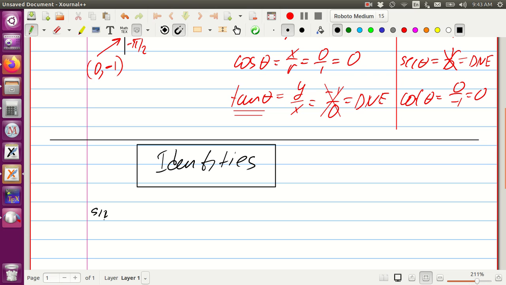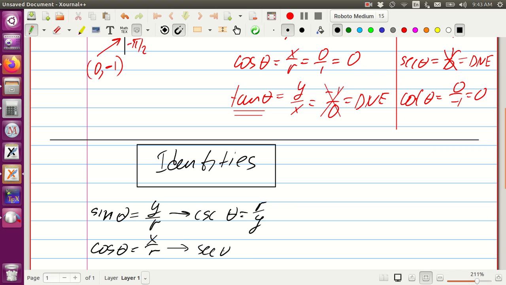If you write sine of theta to be y over r, and you write cosecant of theta to be r over y, you can clearly see that they're reciprocals of each other. The same we can say for cosine, which is x over r, and secant is r over x.